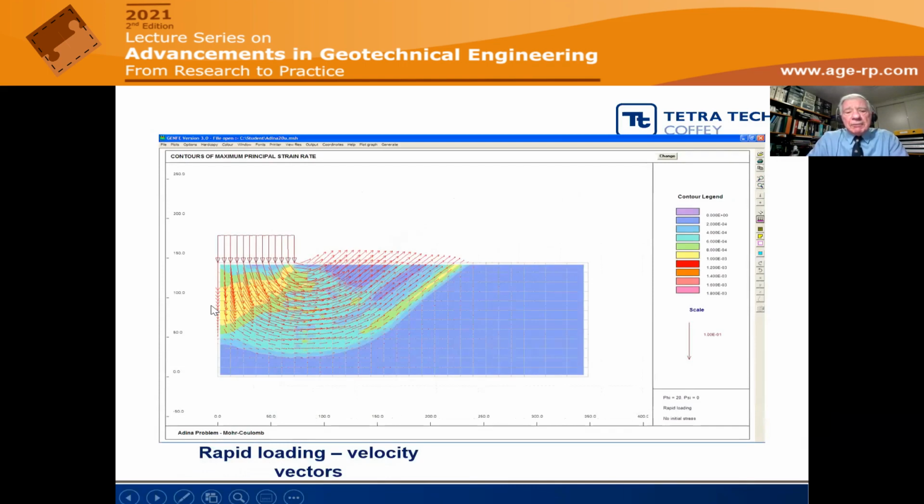Now, if we look at the same problem, but now we load the clay very rapidly so that we allow no dissipation of pore pressures, the load comes on very rapidly. Now we have a different mode. If you were to compare the two, which I haven't done, you'll see that this cone is a bit bigger. This is a sort of shallower circle. It moves up more.